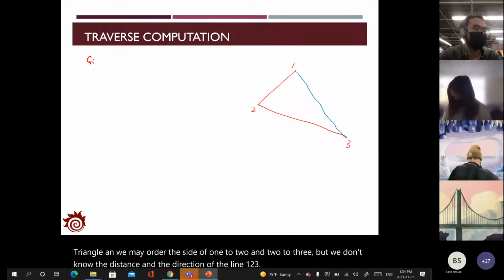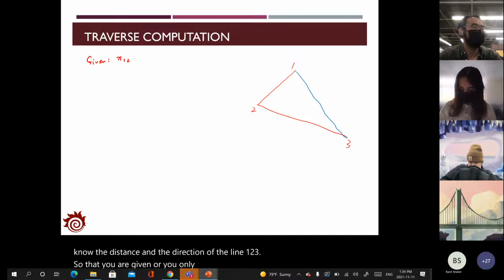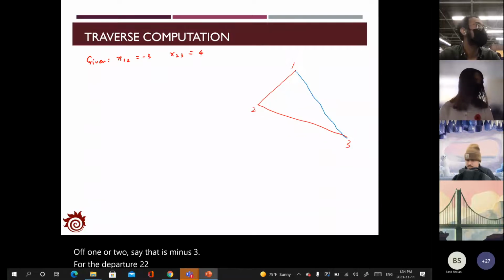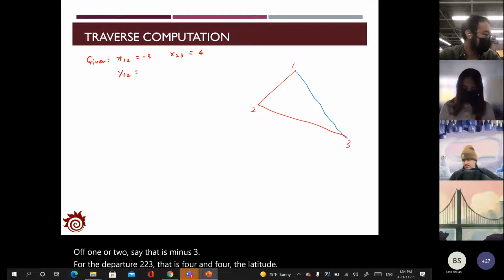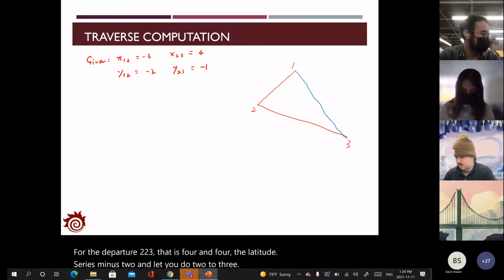So you are given the departure of 1 to 2, say that is -3. For the departure 2 to 3, that is 4. And for the latitude, say it's -2, and the latitude 2 to 3, say it's -1.